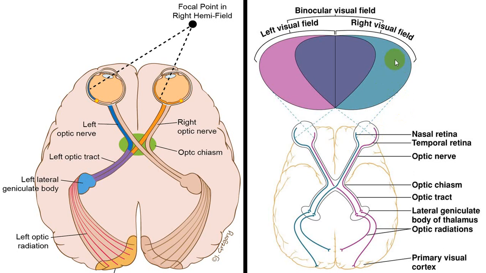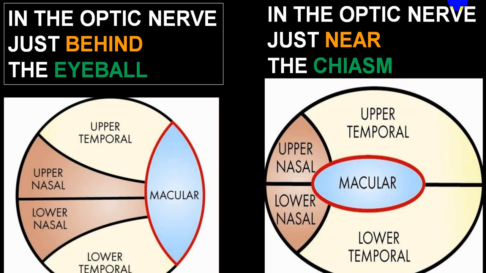So this temporal field of the right eye, right side temporal field, will be because of the temporal fiber of the left eye and the nasal fiber of the right eye. Very clear? Hence, this is what we say, that you get a field of vision because of components of both eyes, right eye as well as left eye. You will understand much better as we come further.